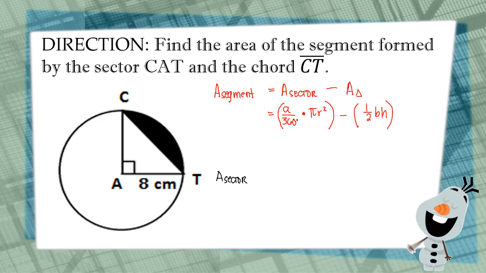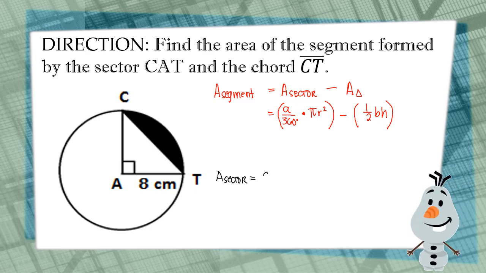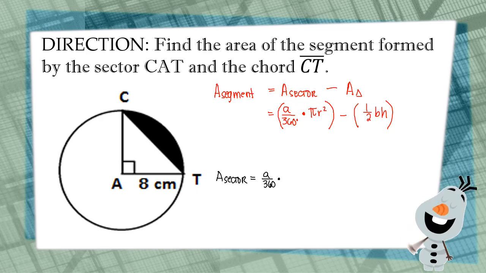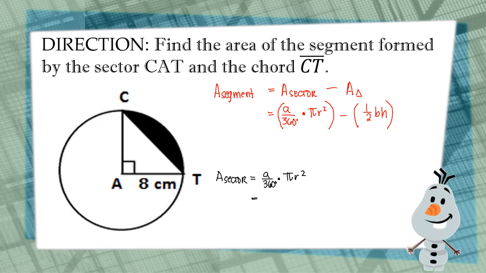Okay, so for the area of our sector, our formula again is A over 360 degrees times pi r squared. Substitute our intercepted arc as given here. Since we have a perpendicular segment, that means we have this 90-degree angle.